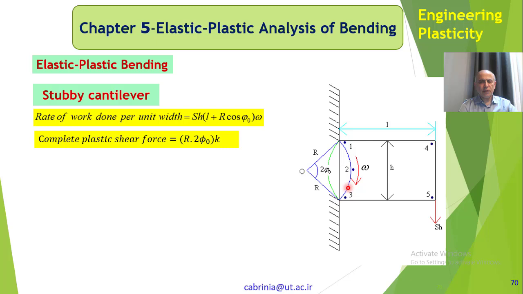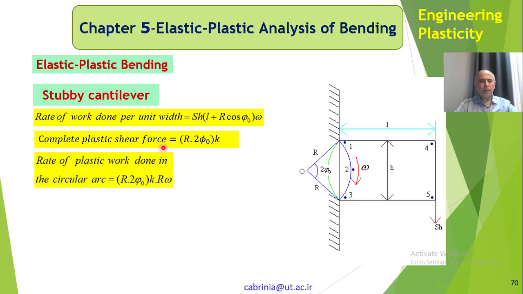So yield shear stress K times this length and times the unit width perpendicular to the screen, 1. That becomes the plastic shear force. And here we get the rate of plastic work done in the circular arc.